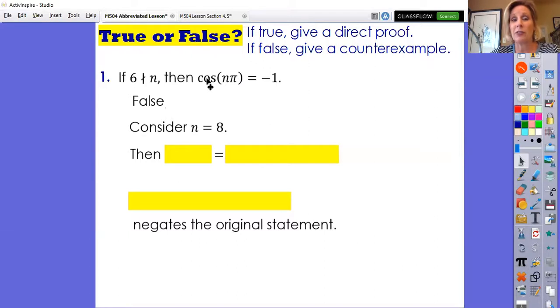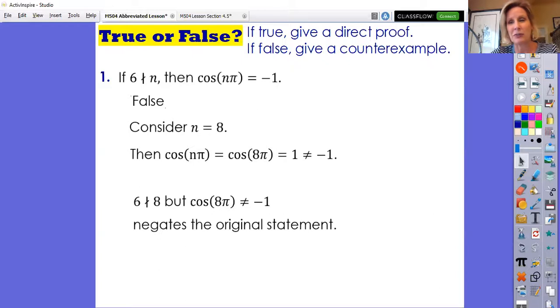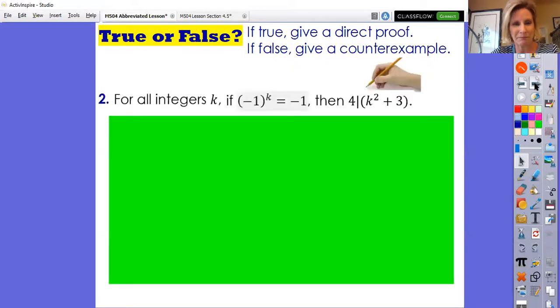So I need to look at the conclusion. So what is cosine of n pi? Well, in this case, it would be cosine of 8 pi. That's equal to 1, not -1. So to negate the original statement, 8 supports the hypothesis but makes the conclusion false. And there's our negation. Moving on.